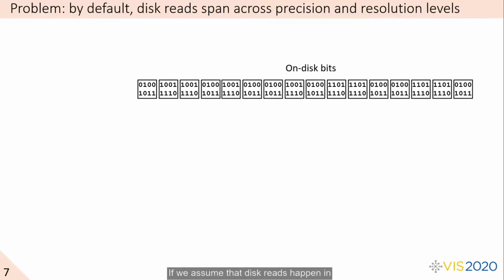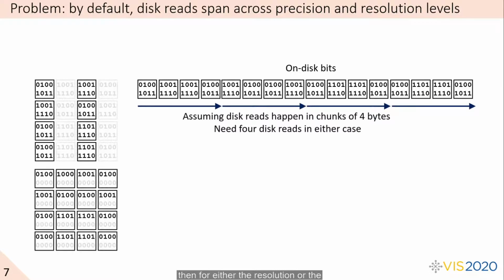If we assume that disk reads happen in blocks of 4 bytes, then for either the resolution or the precision case, even though we want only a subset of the bits, we have to perform 4 disk reads to get the bits that we want. Essentially we are reading the whole image from disk with these 4 reads. Of course, we can throw away the bits that we are not asking for, but this is obviously very wasteful.